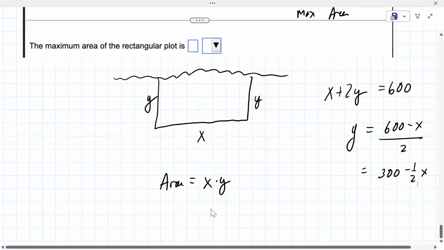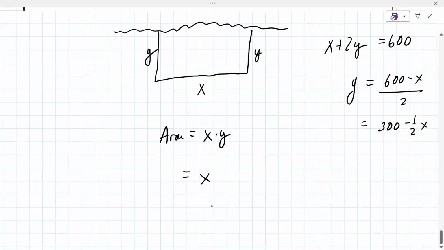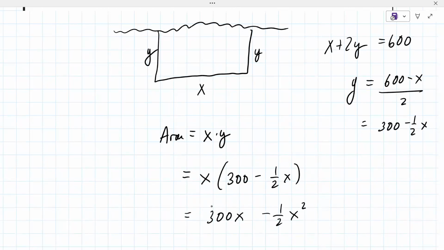So now our area equation is x times 300 minus 1/2 x, or 300x minus 1/2 x squared. Will you take a derivative of this, please?